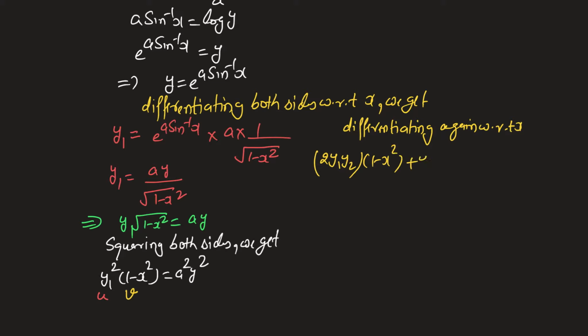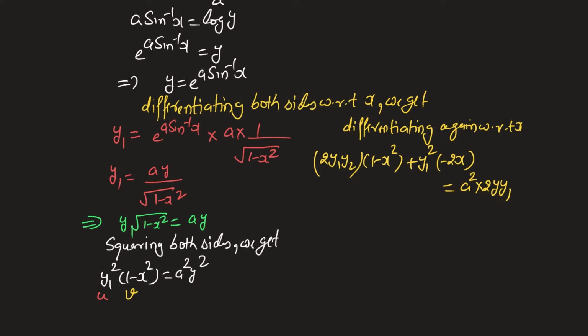Now plus y1 square, differentiation of 1 minus x square is minus 2x, is equal to a square into 2y y1. Differentiation of y square is 2, y raised to power 2 minus 1 will be y, and differentiation of y will be y1. So this is 2y y1.